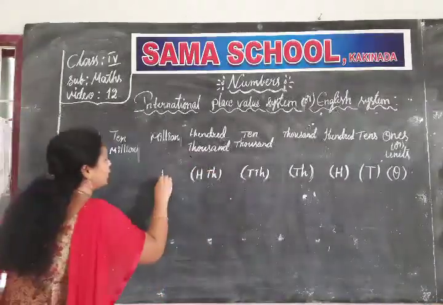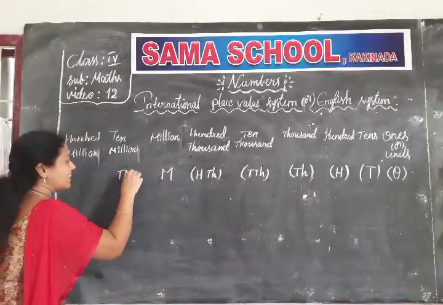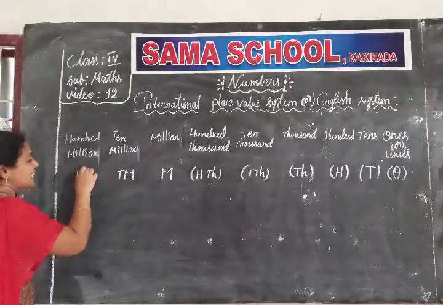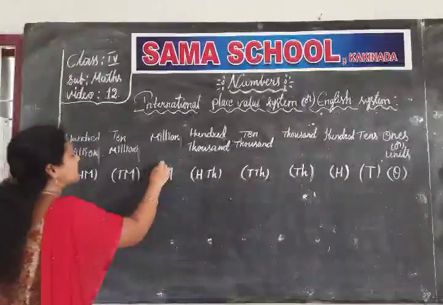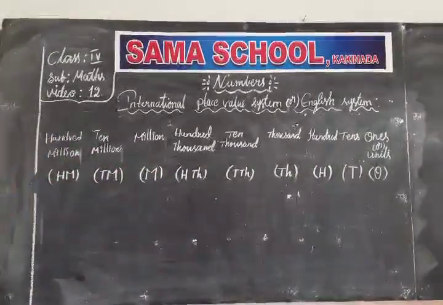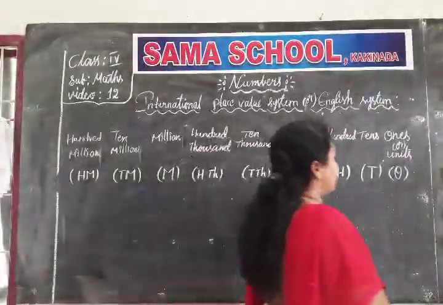And million by the letter M. 10 million by TM. 100 million by HM. These are the notations of these 9 places. Understand, children?